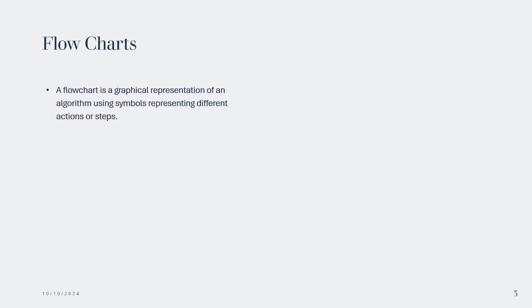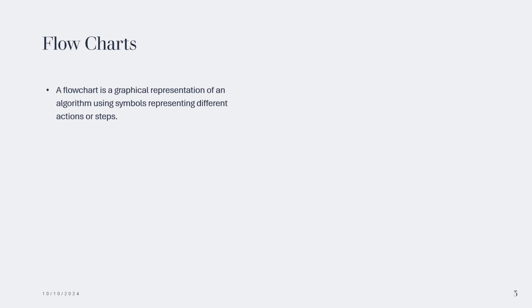Okay, first we will talk about flowcharts. A flowchart is a graphical way of representing algorithms in a very understandable way. Using this method, users can easily identify how the data is flowing until a specific problem or task is completed.